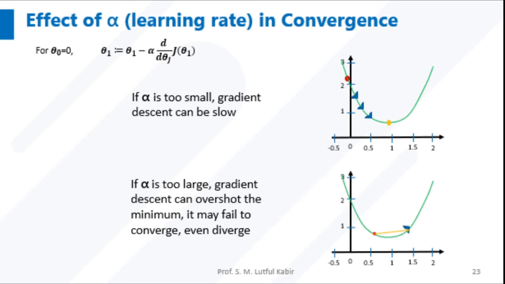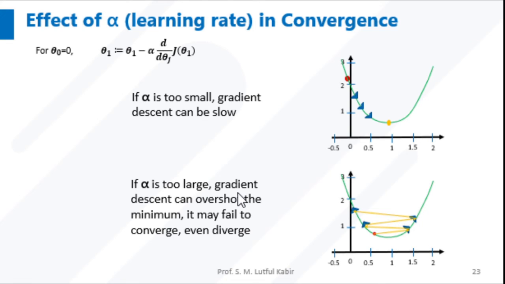And if you find the gradient at that point, that means the derivative at that point, and multiply again by a big number, since it is a positive slope at that point, you may end up with a point over there. Similarly, if you find the slope now and multiply by a large value of alpha, it may end up with another point on the positive side.